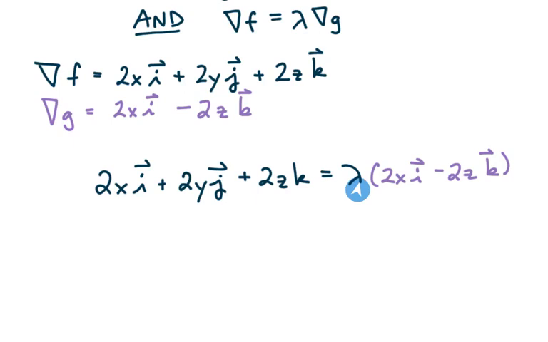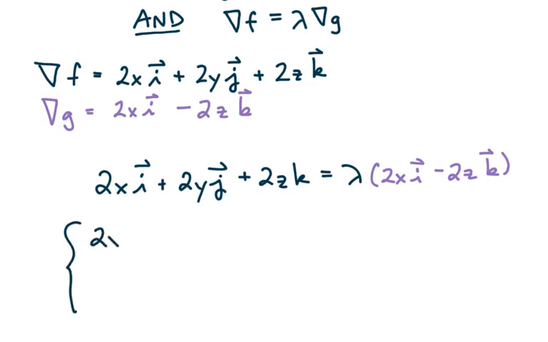So if I take this lambda and distribute, I would have 2 lambda x and minus 2 lambda z for my i and k terms respectively. So at this point, we can match up these coefficients to create a system of equations.